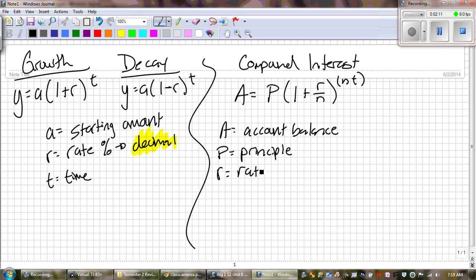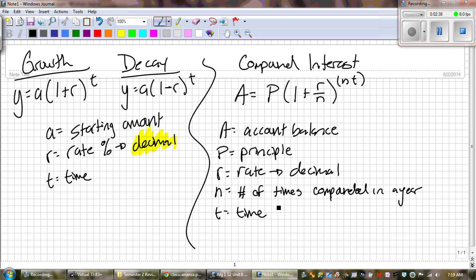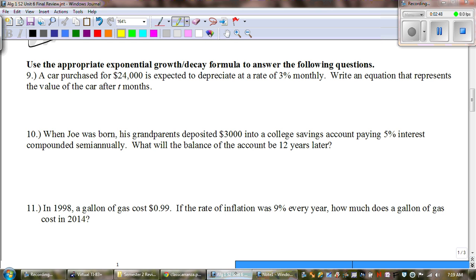R, same thing, is your rate as a decimal. We have n, n's new. N is the number of times that it is compounded in a year. Banks do that all the time. And the last one, t is time. If you don't know that stuff, I would definitely put that on your note card. All right, let's go back to the review.